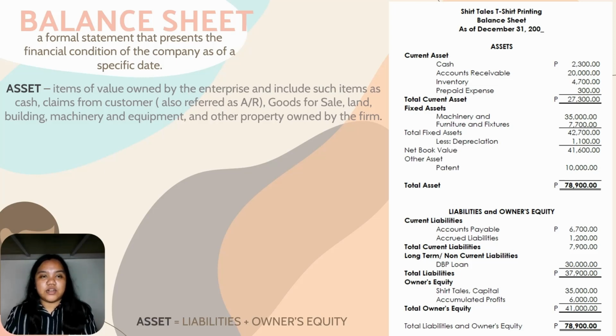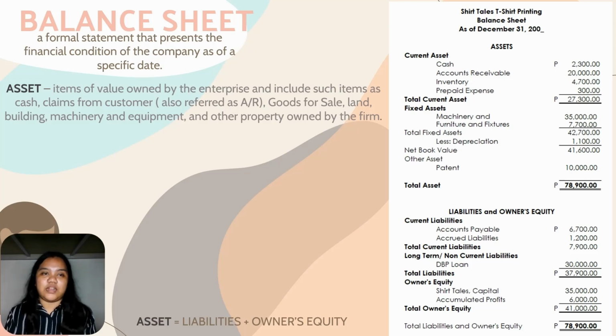So, when you say current asset, it consists of cash and other assets that are expected to be converted into cash within the normal cycle of business. When we say fixed asset, these are the property, plant, and equipment, or PPEs, as we all say, which you will use in the long run, and the value depreciates or reduces in the long run because it is for long term use.